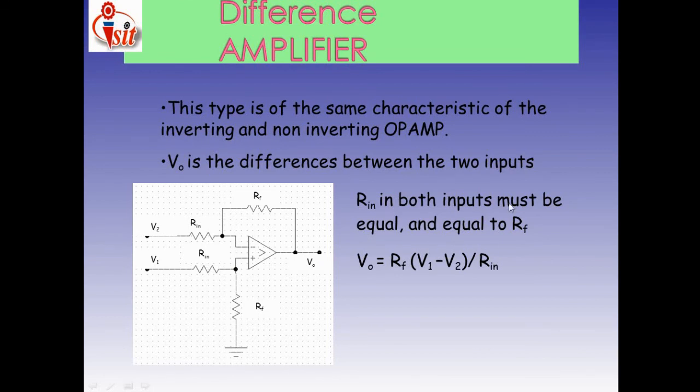Then Rin for both inputs must be equal and equal to RF. That means the input resistances for V1 and V2 are the same for both inputs, and RF, the feedback resistor, is the same for both terminals. The output voltage introduced by that system is equal to RF into bracket V1 minus V2 into Rin.